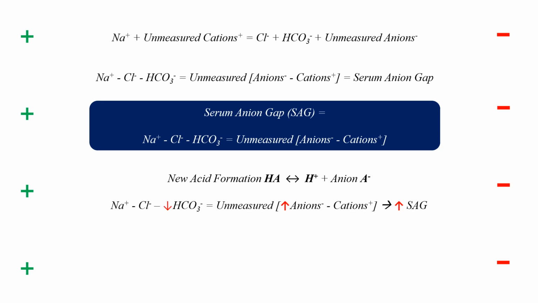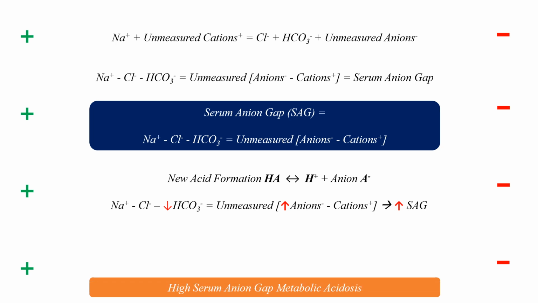The H+ uses up one bicarbonate, while the added anion increases the anion gap by 1. Acids that enter our body and can be detected as an increase in anion gap is called high anion gap metabolic acidosis.